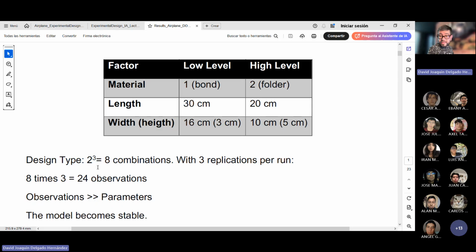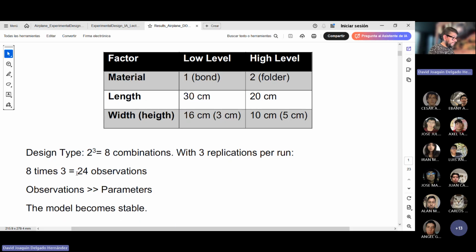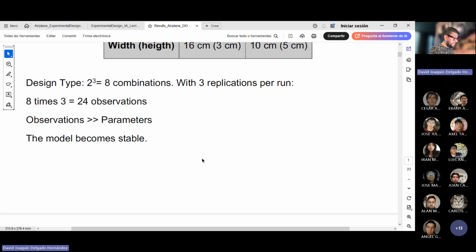So the design has precisely 8 different combinations, and we are going to have 3 throws for each airplane. That means 8 times 3, which gives 24 observations. Because observations are greater than parameters, we are going to have a stable model.